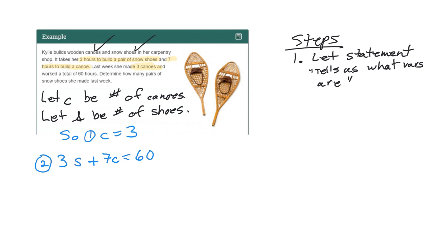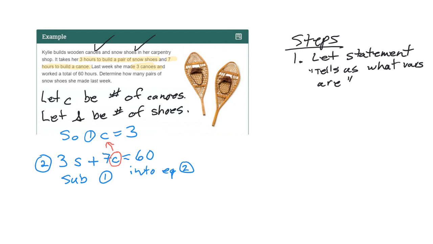Now that we have that, we just have to substitute what we have for number 1 into equation 2. So let me explain what I mean by that. You see where we have the C in equation 2. You'll notice that at the beginning you said that C was equal to 3.